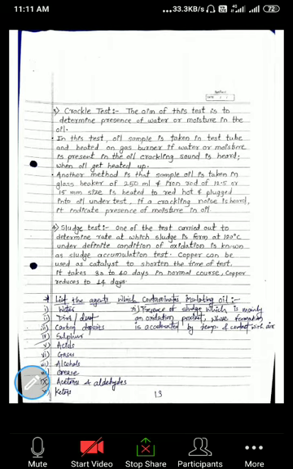Another method is that the sample oil is taken in a glass beaker of 250 ml and an iron rod of 12.5 mm or 15 mm size is heated to red hot and plunged into the oil under test.